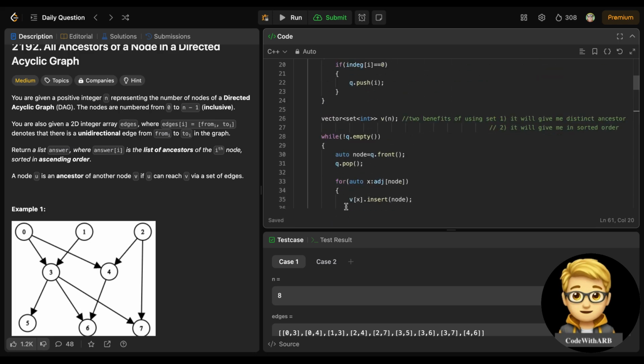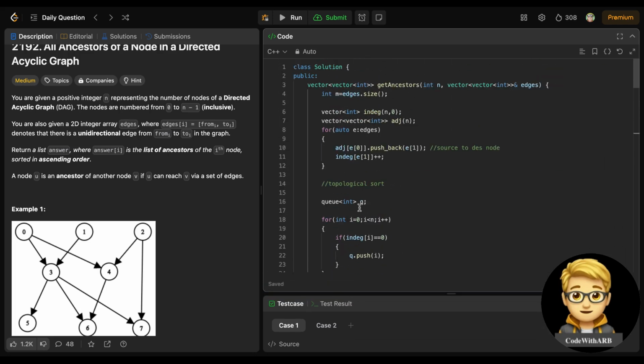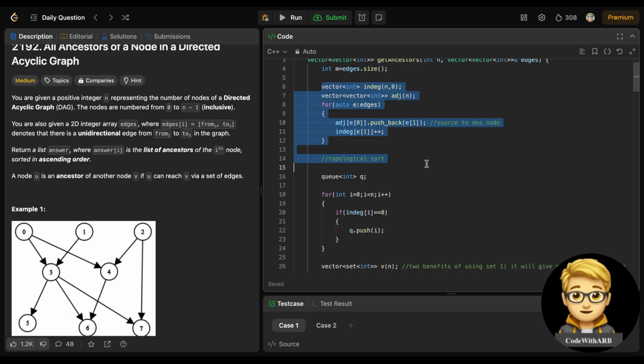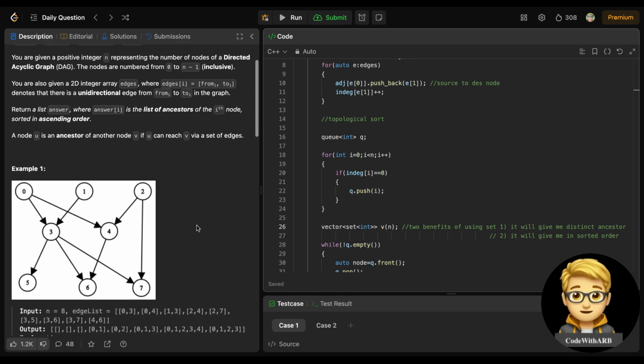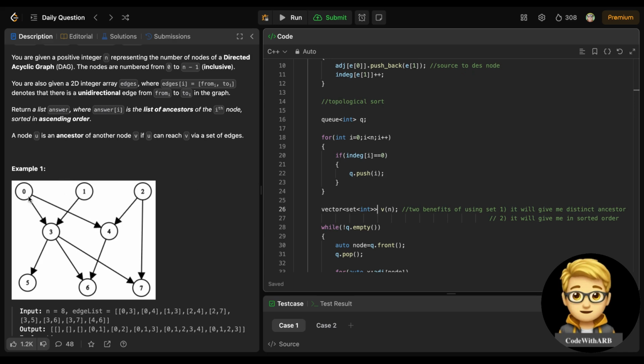So this is how we will solve this problem. Basically, what I have done, I have used a topological sort to find the order of the nodes so that I can iterate. And why am I doing topological sort? Because how will I know which node has which ancestors, because it is a directed graph. If it is a directed graph, I cannot go back to its parents. For that, I would need to store its parents. So instead of that, I will just store all the nodes in order, 0, 1, 2, 3, 4.